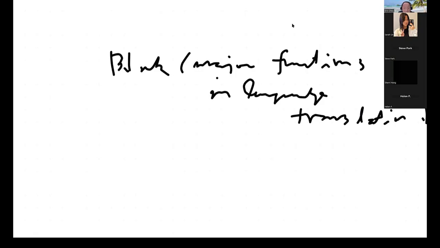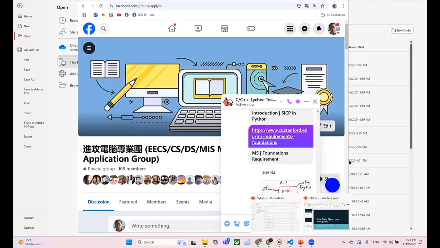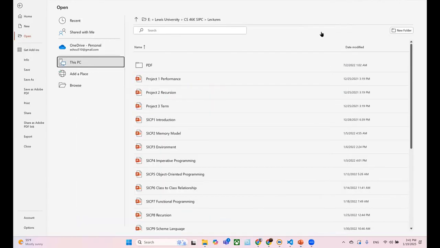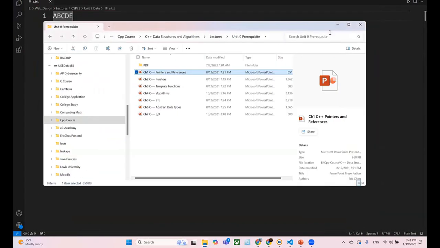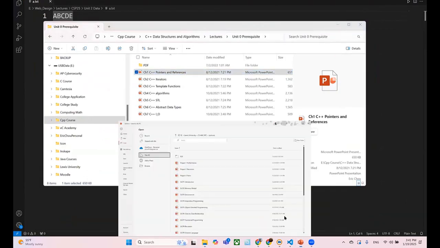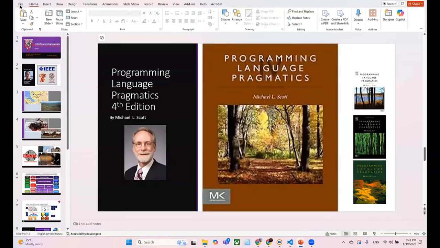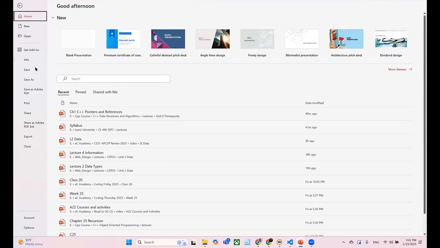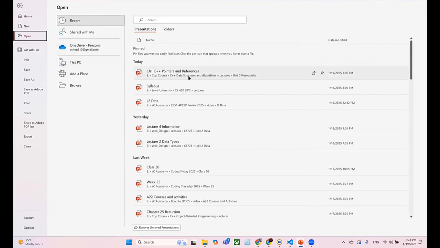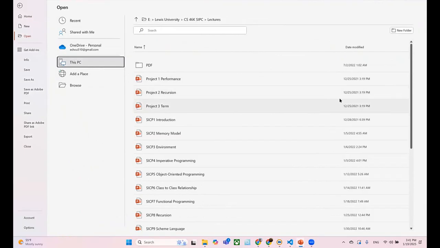Let me bring up the pages. Let me bring up the slides that I have for programming language. So I'm going to use the slides from this course, the course that I'm teaching. The course I'm teaching is actually a more difficult version compared to the Berkeley City one. This course is a little bit harder than Berkeley City College. So let's see right here.